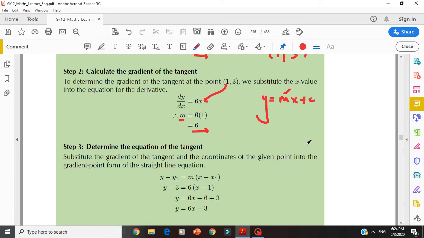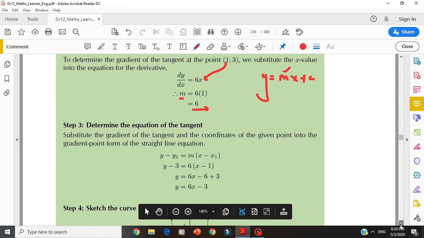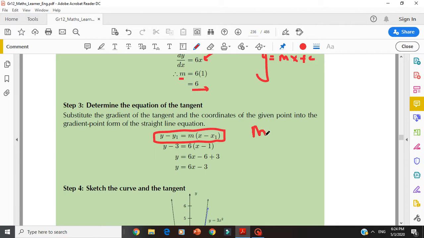So the next thing we're going to do is solve for c using the equation of the slope, which comes from gradient equals y minus y1 divided by x minus x1. That's how we get this equation.